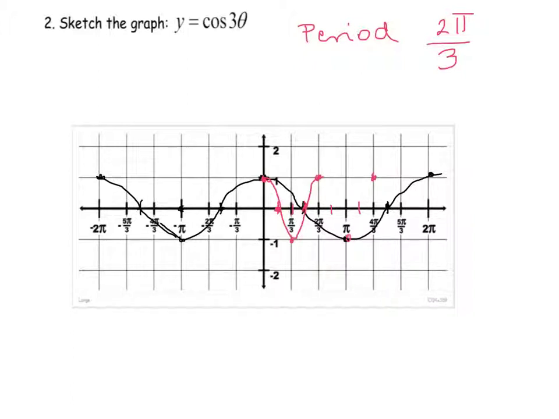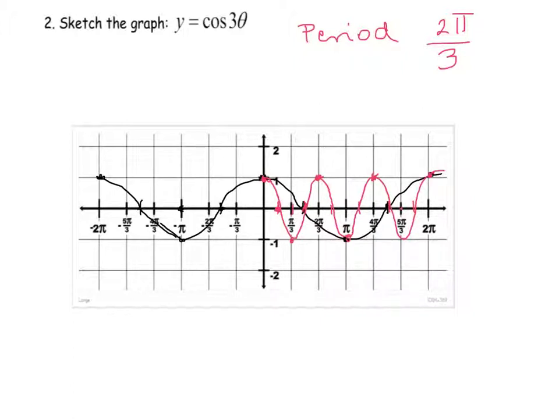So now I have two graphs over 4/3 pi, and now I'm going to do my last graph. Again I have to divide the space into 4 equal parts and graph my cosine graph.